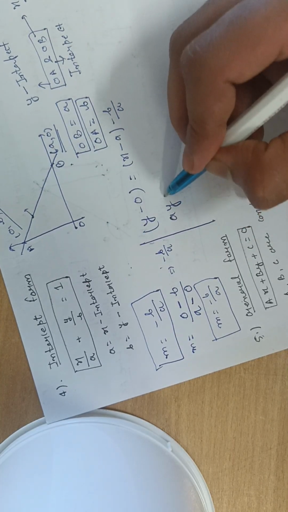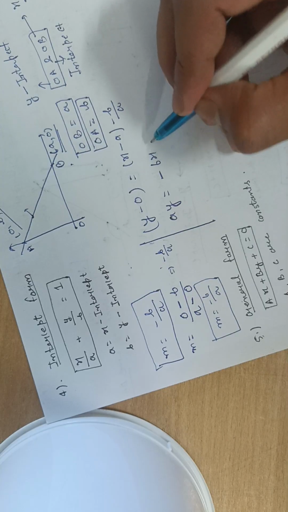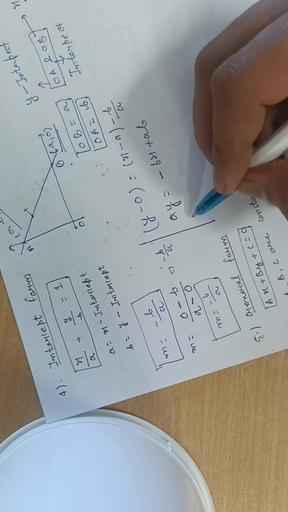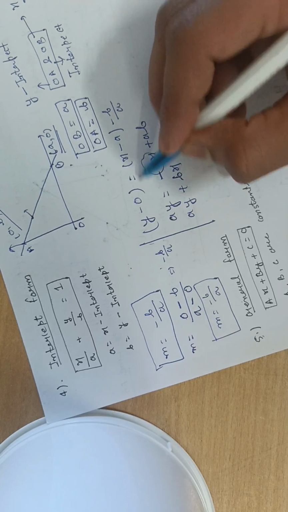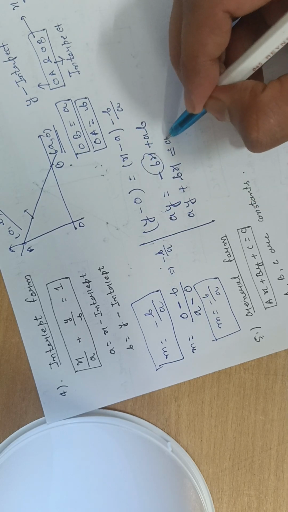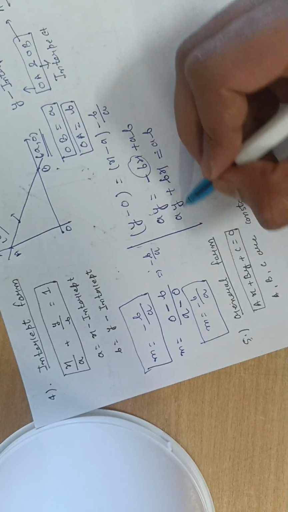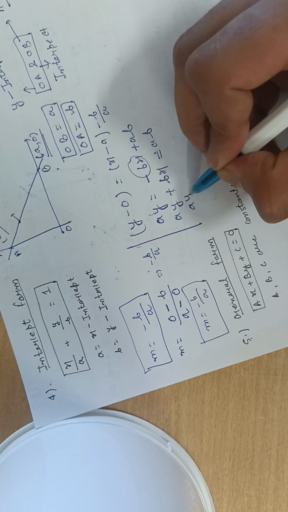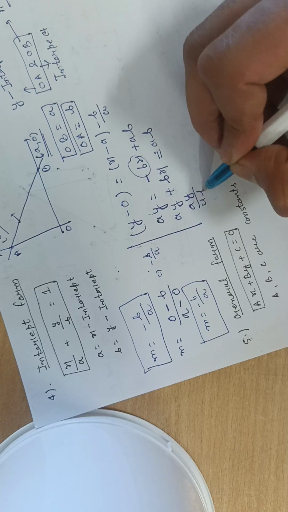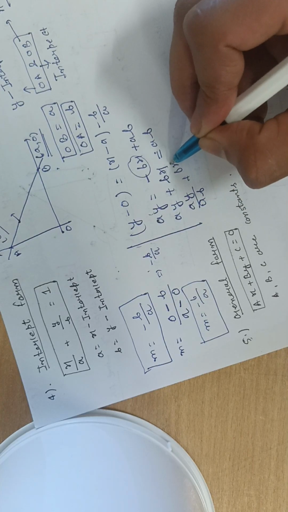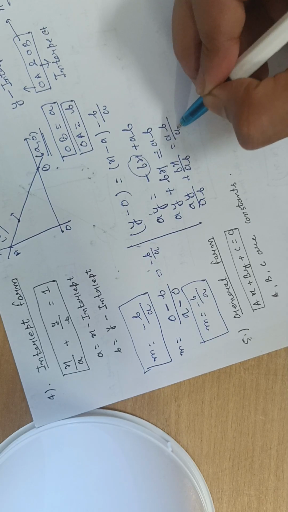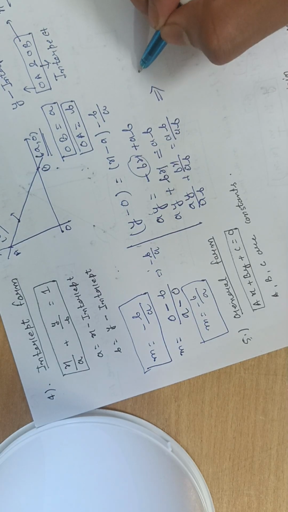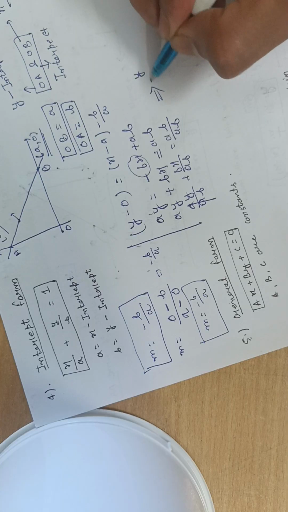Here we get ay minus bx equals minus ab, or bx plus ay equals ab. Now I take this value to that side, and we come with this result. After that I divide the whole equation by a into b. After dividing, we come with our result, x by a plus y by b equals 1.